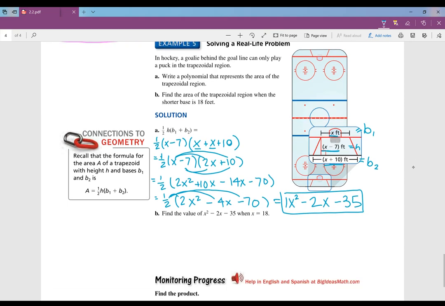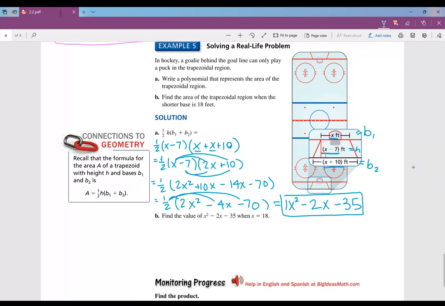So now we want to find the value of it when x equals 18. So when our shorter base is equal to 18 feet. We're just going to plug 18 in for x. So we get 18 squared minus 2 times 18 minus 35. If you can type this in your calculator, 18 squared or 18 times 18 is going to be 324.